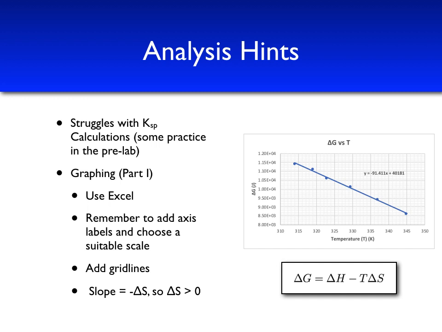And you want to make sure that your axes are labeled and you include a title. You also want to add major and minor grid lines. Another important point of this lab is to remember that the slope of this line is negative delta S. This means that delta S, in this case, should be greater than 0.